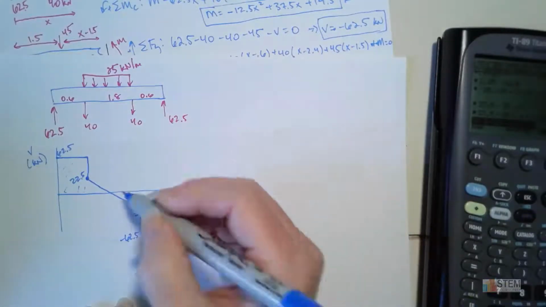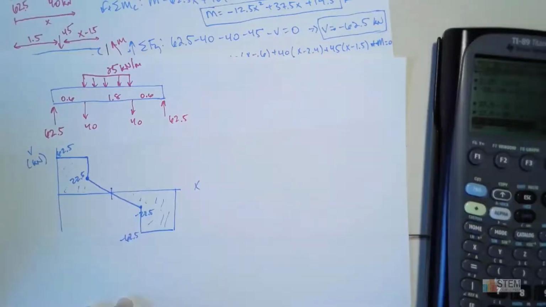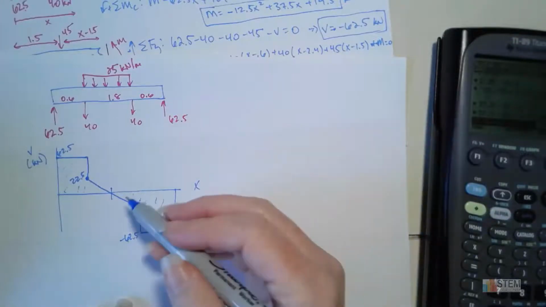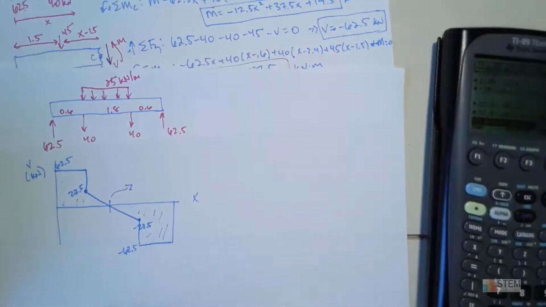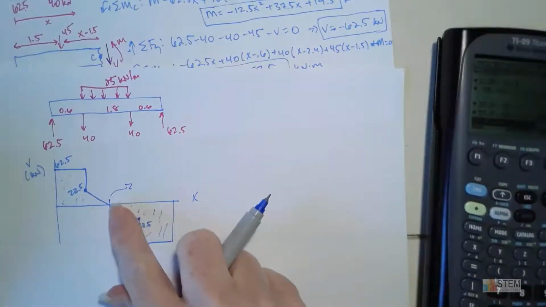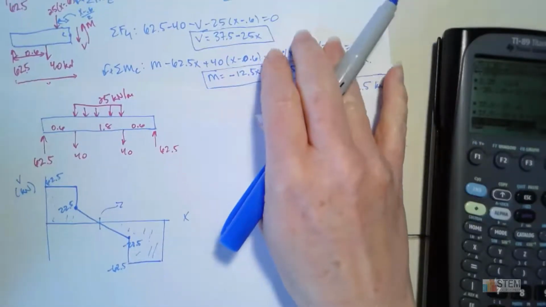All right, now this location right here, notice this is where shear went to 0, right? We need to know where that is because that's going to tell us something for our moment diagram. So we want to figure out where that is. Now the easiest thing you could do here to find this location, let's assume this is not symmetric, is to use your equation for V for this section.